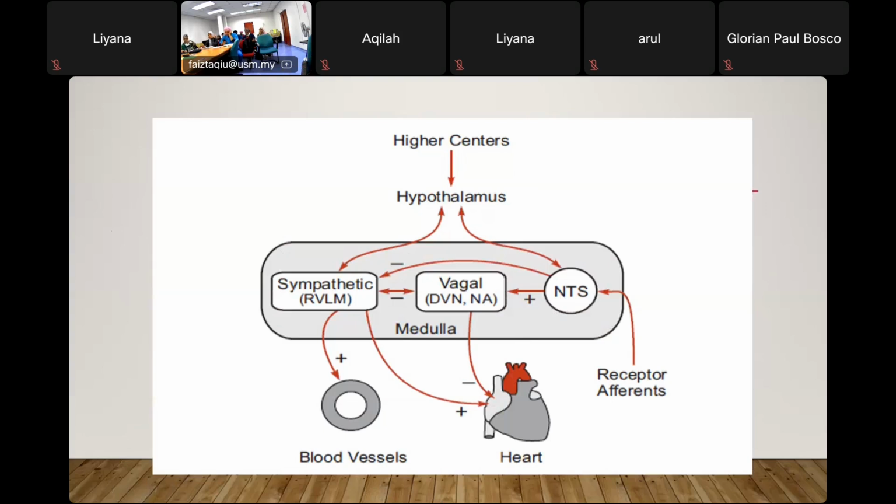It then projects an inhibitory interneuron to the sympathetic neuron in the rostral ventrolateral medulla, and an excitatory neuron to the vagus neuron in the dorsal vagal nucleus and nucleus ambiguus. The medulla also receives input from the higher centers and the hypothalamus. The sympathetic and parasympathetic will send the output back to the blood vessels and the heart.